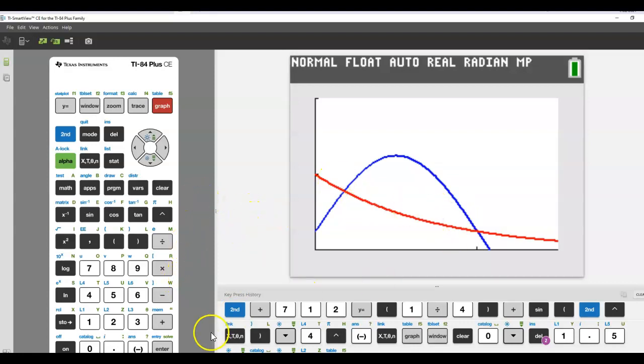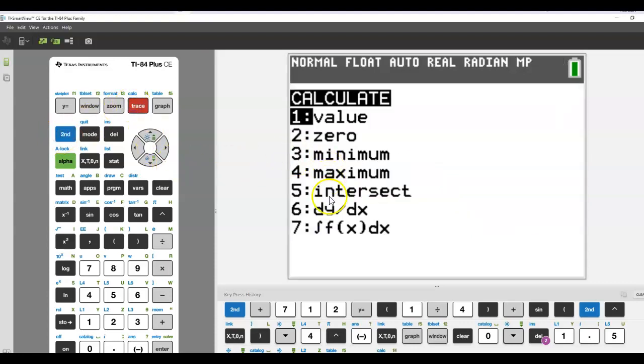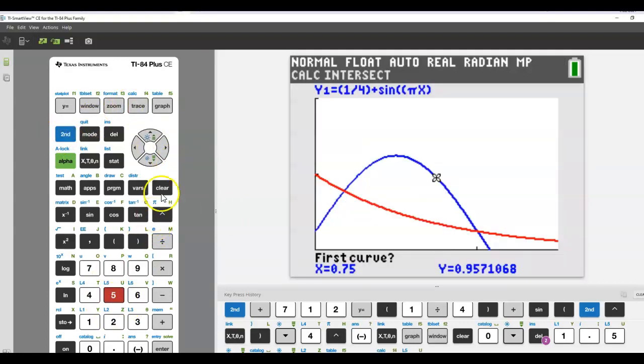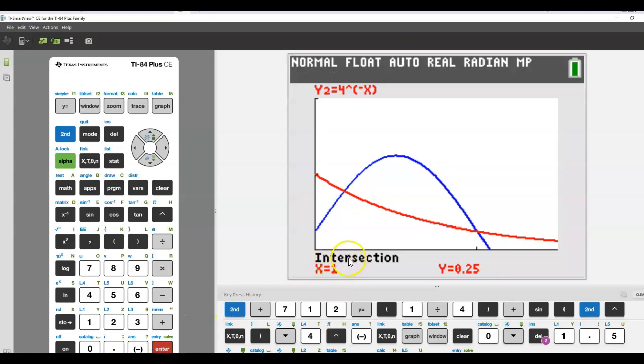All right, so now we know that we want to find this intersection point over here. So let's go ahead and do that. We push second, calc, we select 5 for intersection, and we scroll until we get to where the two lines are crossing. We push enter 3 times, and the intersection happens to be at x equals 1.